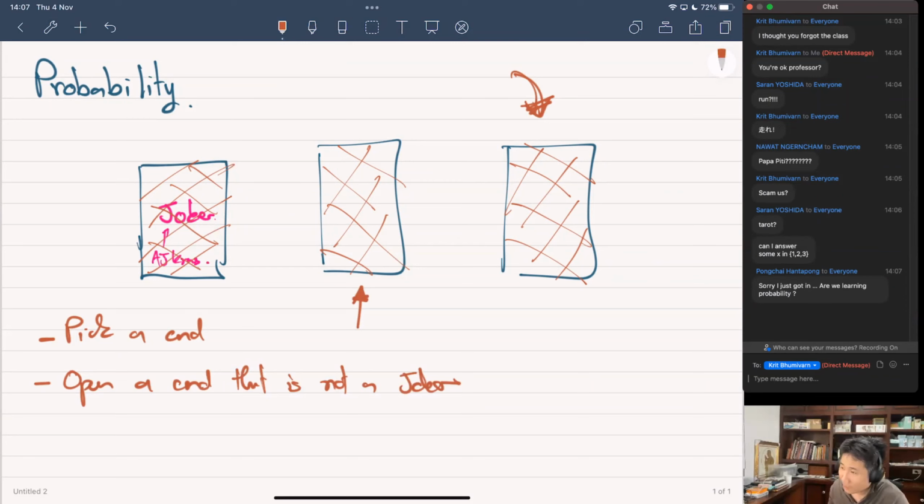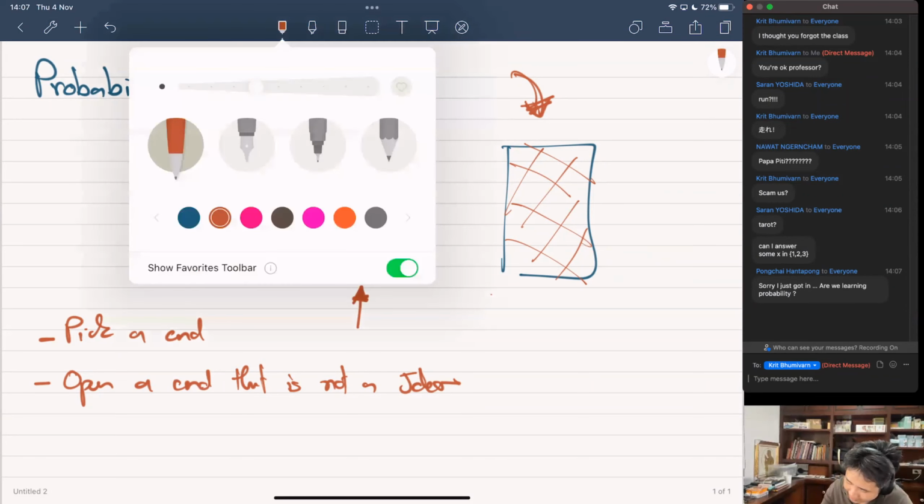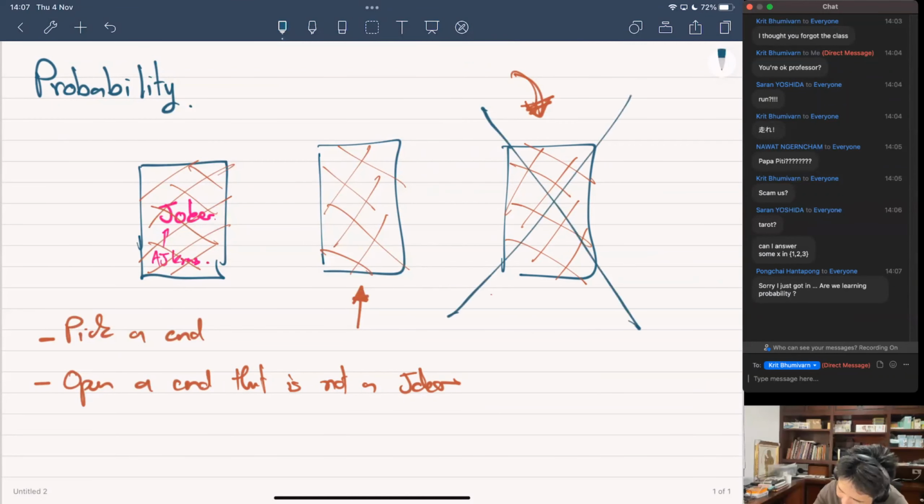So I open a card that's not a joker. So by then you will know that this guy is gone. Are we good? This guy is gone. Which means, and then I'm going to ask you one important question. Do you want to switch your choice?